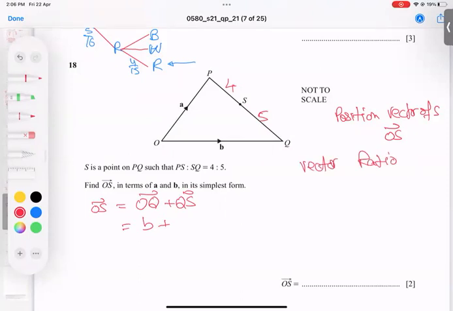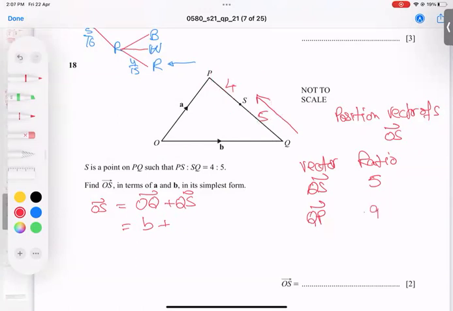Which vector am I looking for? I'm looking for QS. So I'm writing here QS, and the QS vector ratio is 5. So I'm writing in front of each other. But SP is also unknown, but QP I can find easily. How come? This QP vector I can find. Look here, I'm writing again QP, and the total ratio you can see is 4 plus 5, 9.